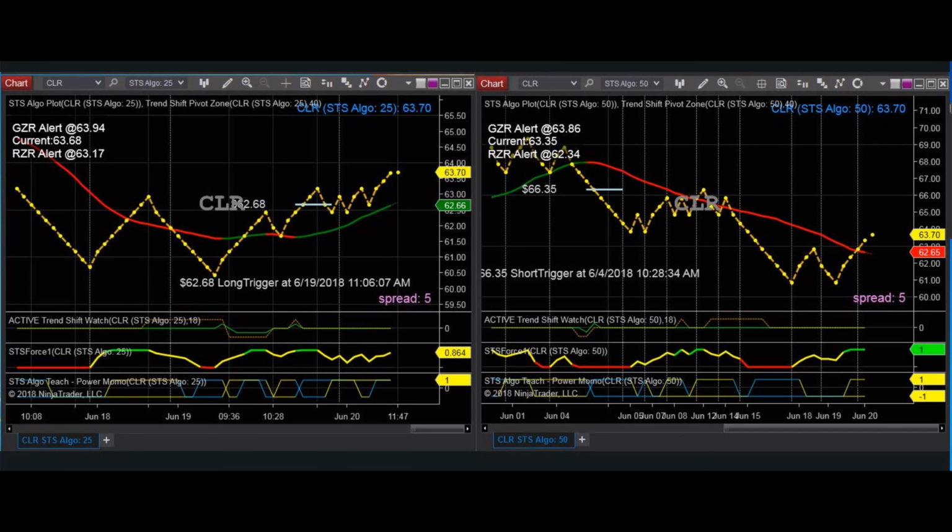Okay, we're going to take a look at how our proprietary technology predicts forward. We project what's going to happen to our long and short biased trend shift pivot zone indicator, which is this plot.